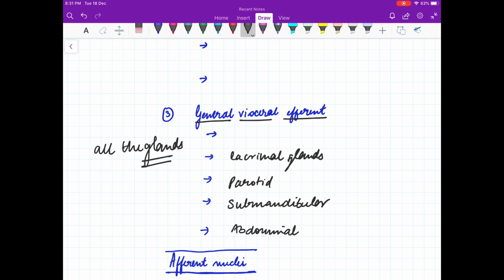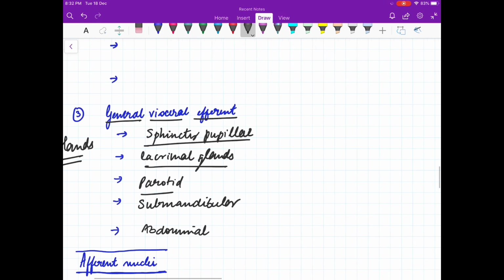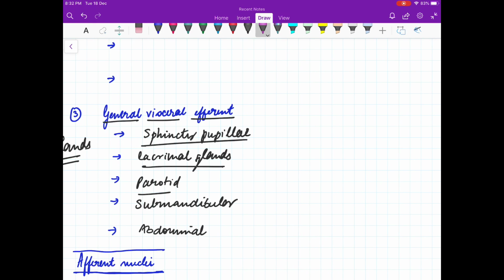And one more component of general visceral efferent is sphincter pupillae. So the nerves which supply these: sphincter pupillae is supplied through Edinger-Westphal nucleus, which is the nucleus of third nerve.